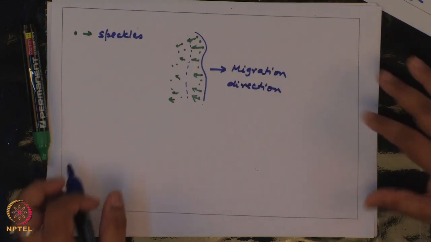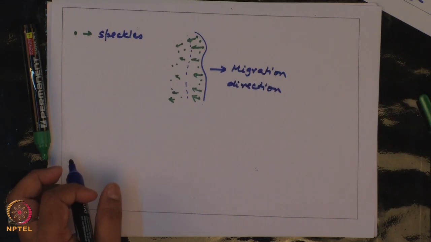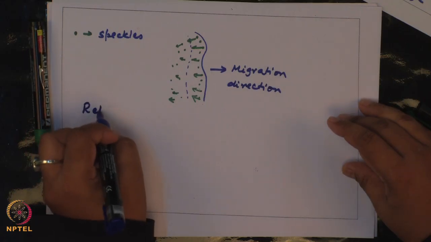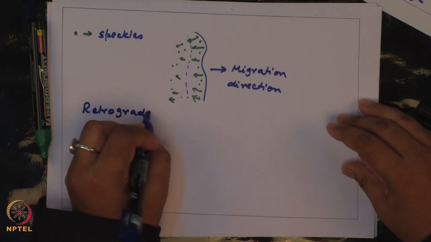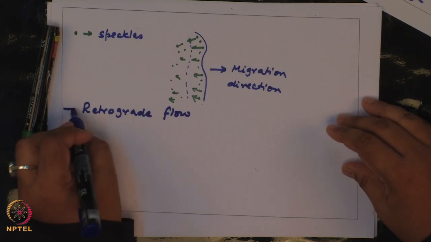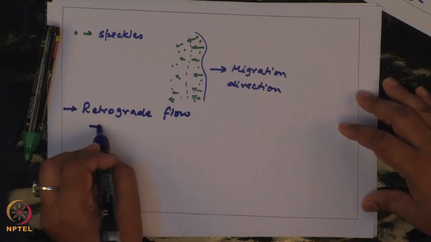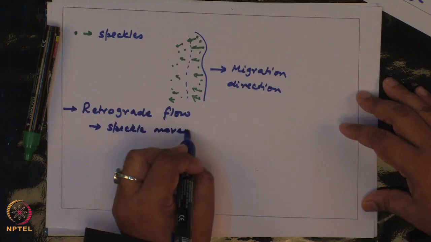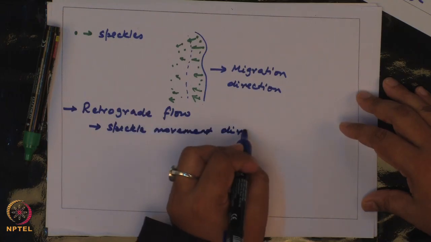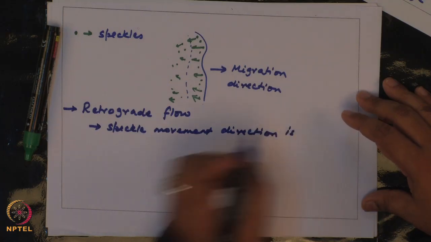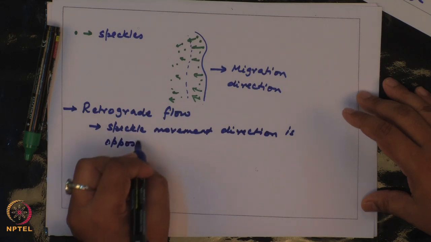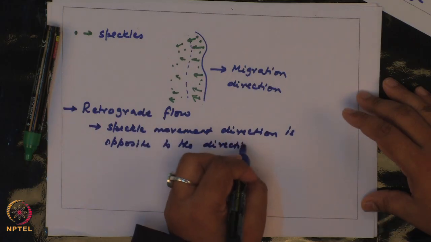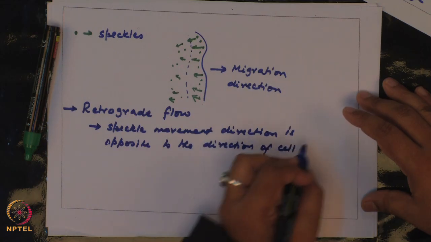What they found was that there exist two populations of speckles. All these speckles exhibit retrograde flow. Why retrograde flow? Because the speckle movement direction is opposite to the direction of motion or cell migration.